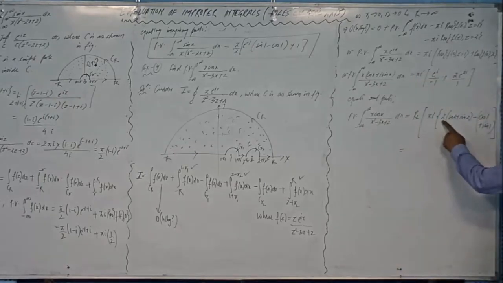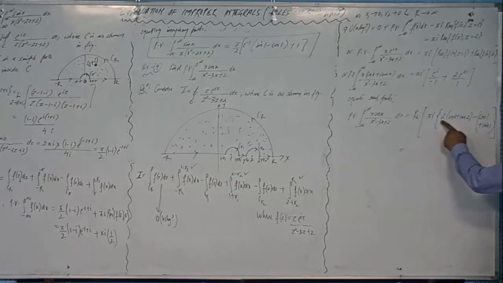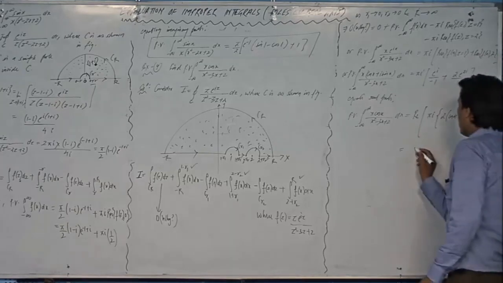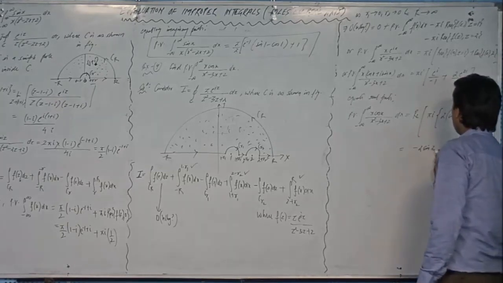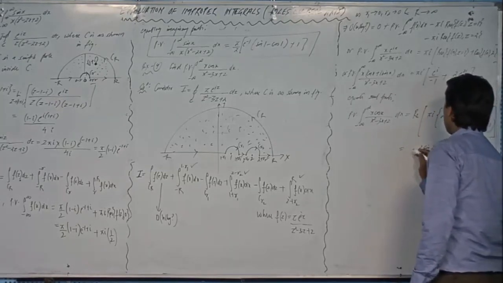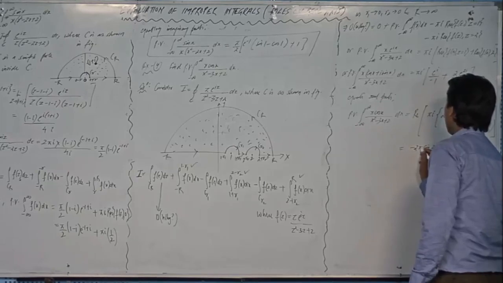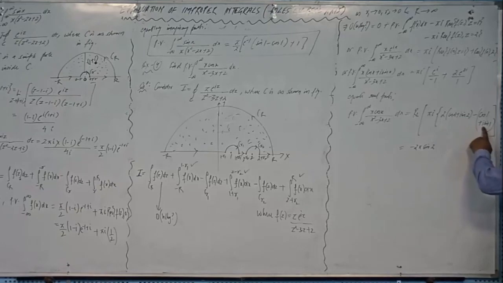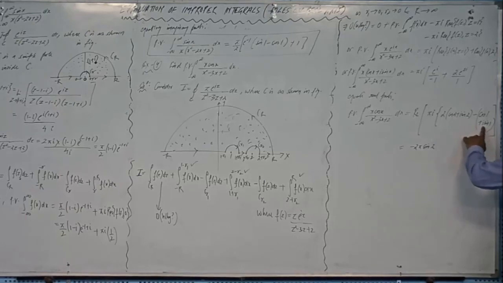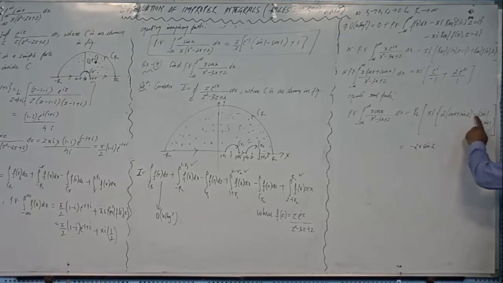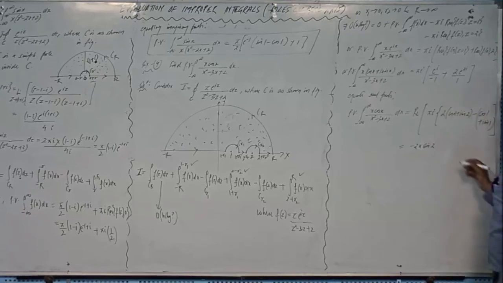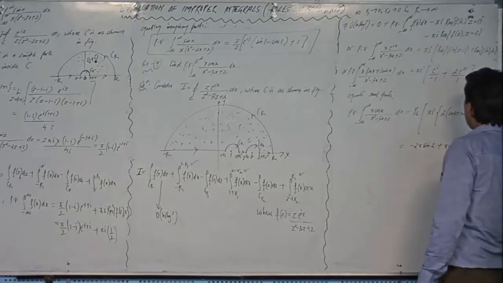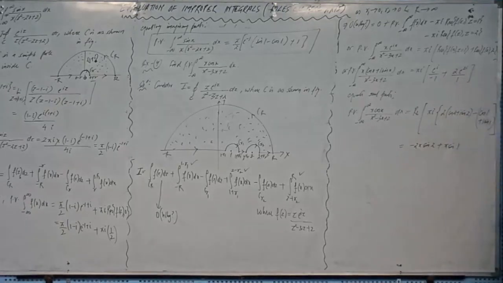I think the real part will be minus 2 pi sin 2, and for this we will have minus i times minus, plus pi sin 1, if I am not wrong.